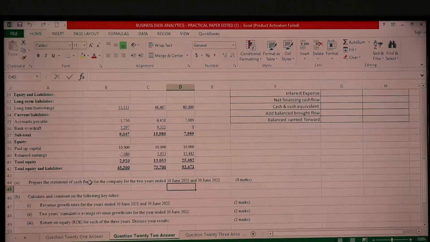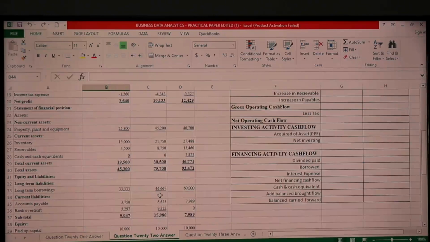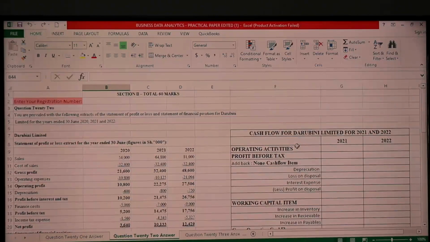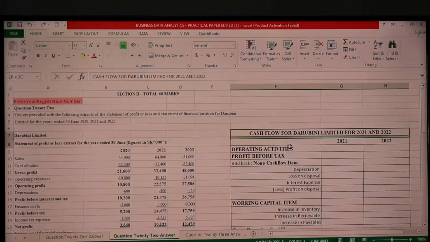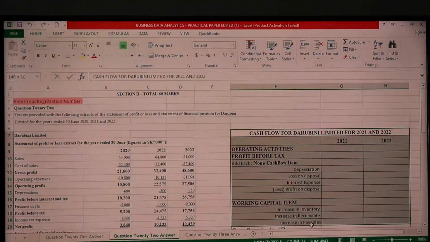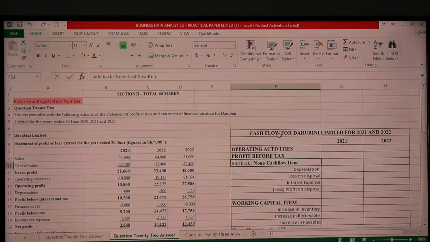So what you're supposed to do is first, you have to formulate the structure of your cash flow. That is, this data that is provided here. This is not provided, I typed this, and that is what you're supposed to type in your exam. You're supposed to type that structure. That is, what do we need in the cash flow?